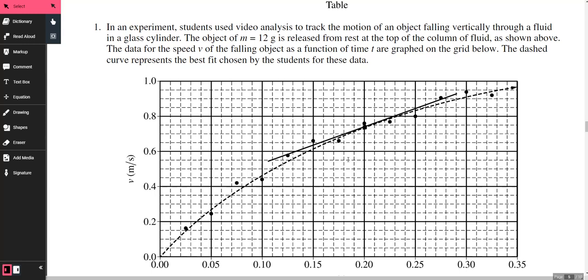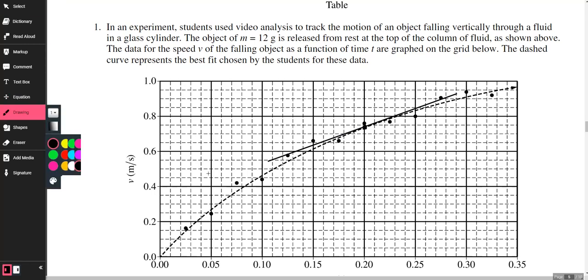So what we're going to end up doing is just finding 2 points on here. Okay, so this will be a point right down here, and then another point could be that point. Doesn't really matter as long as it makes sense with what I'm doing.